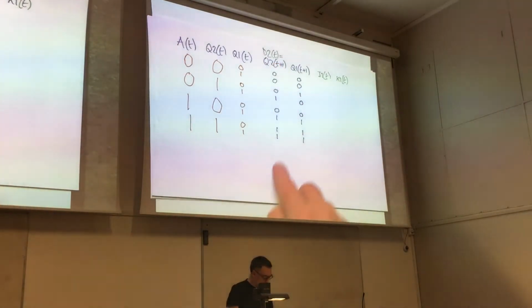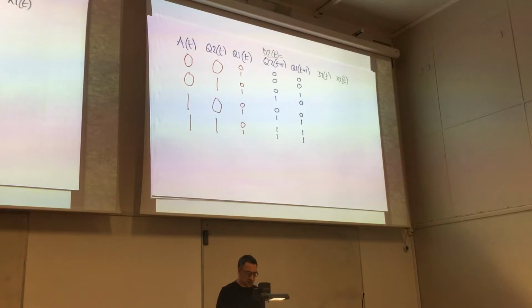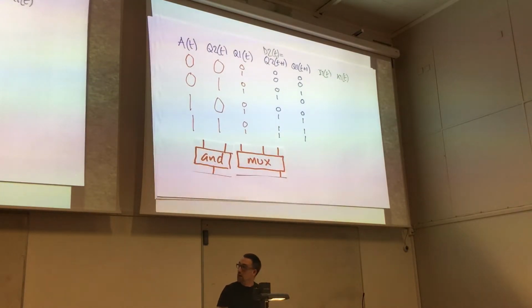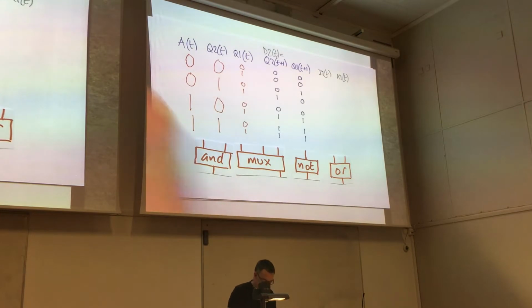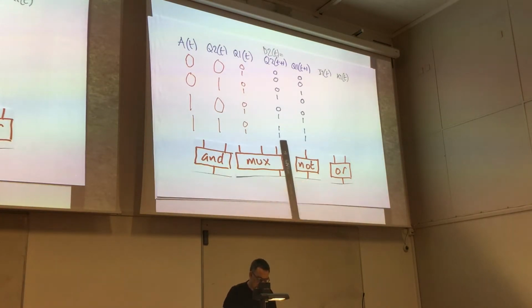If you look at this column, we try and make the circuitry for D2, we've got these bits and pieces here. Do you see anything in the D2 column that might make these components useful?